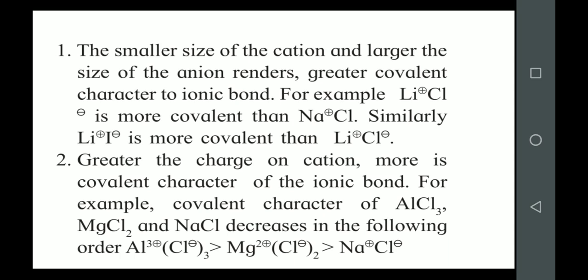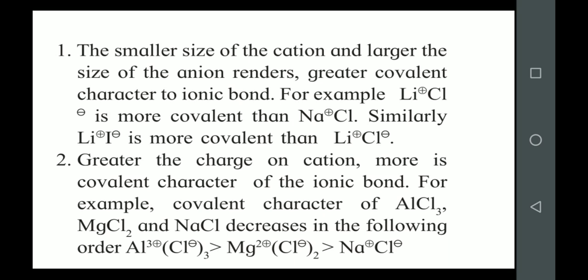In these examples, you can see aluminium carries +3 charge, magnesium carries +2 charge, and sodium carries +1 charge. As the charge on the cation increases, the covalent character of the ionic compound also increases. This is what was observed by Fajans.